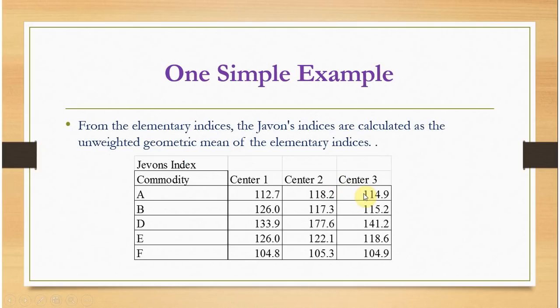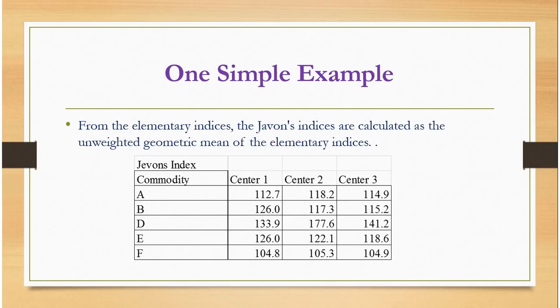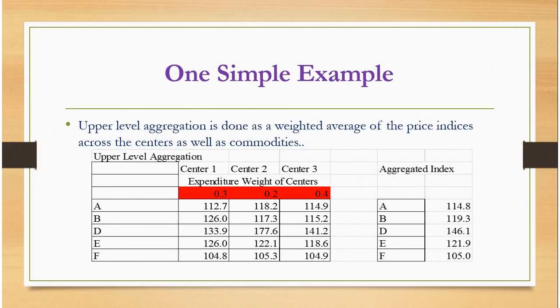Similarly, this 114.9 is the geometric average of 133.3, 113.6, and 100.0. In this way, we calculate the Jevons indices for all the commodities in all the price collection centers. Now we move to the next stage.